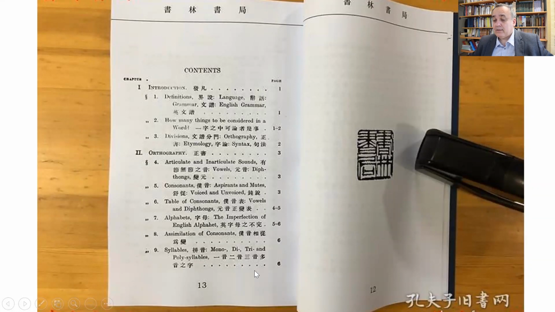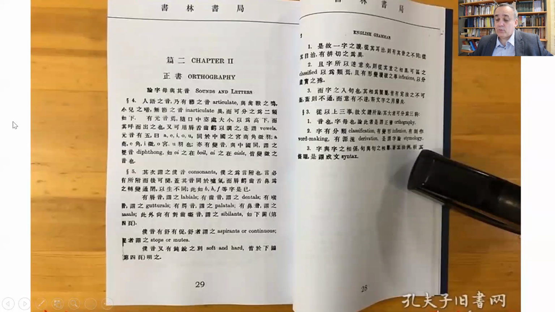Not everywhere. Big parts of the book are written from right to left, vertically, following the traditional orientation of the script. But there are extensive examples of text written in this English, or Western, manner, as you can see here.